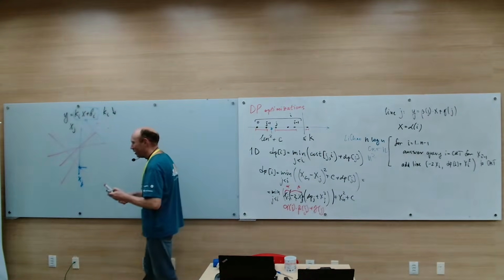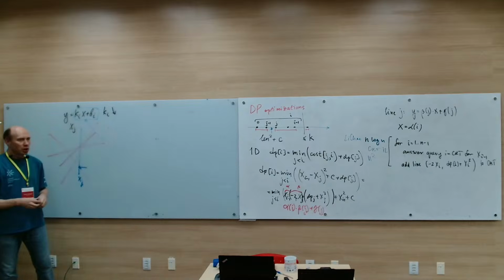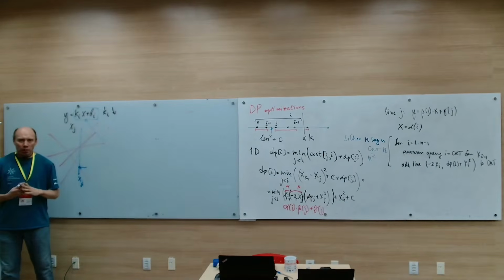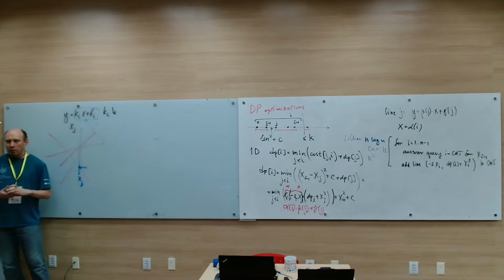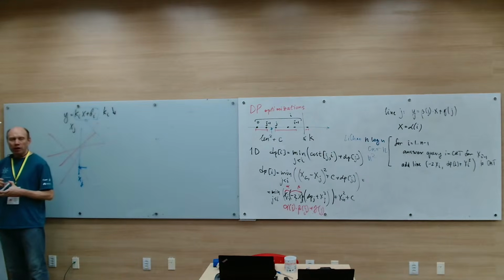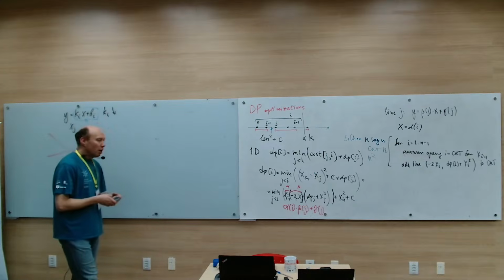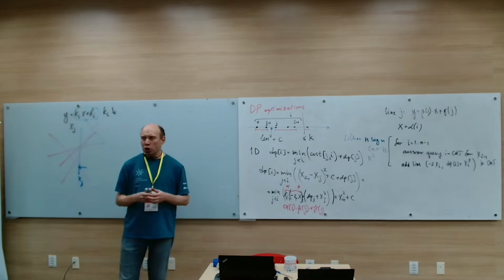Okay, so let's now get back from the funny stories to the algorithm. What is Li Chao tree? Li Chao tree can be explicit or implicit. We will start with the explicit one. The explicit one requires that the future queries are known ahead of time. In a dynamic programming setting, this is usually the case.